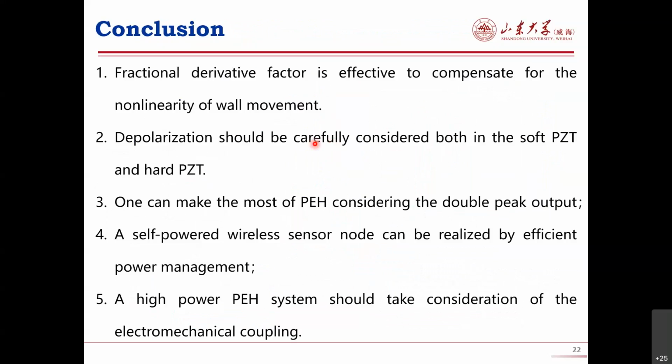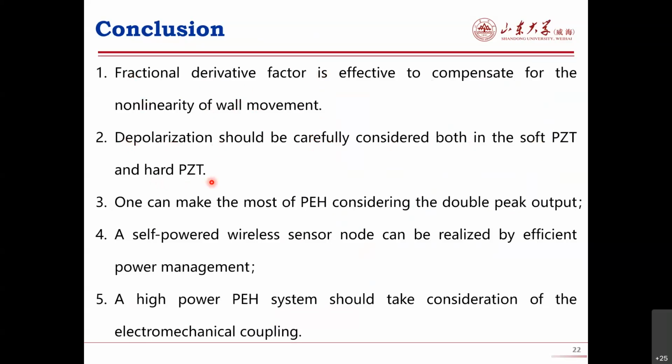Okay, so here comes our conclusion. Our fractional derivative factor is effective to compensate for the nonlinearity of the wall movement and also for the nonlinearity of the current output. And the depolarization should be carefully considered in both soft PZT and hard PZT.